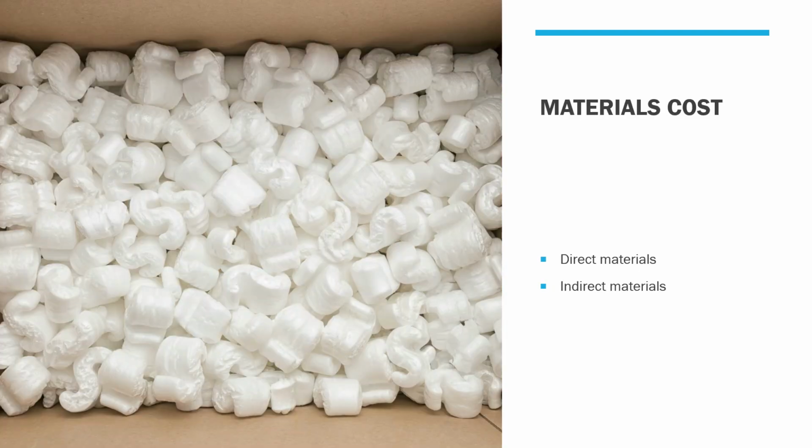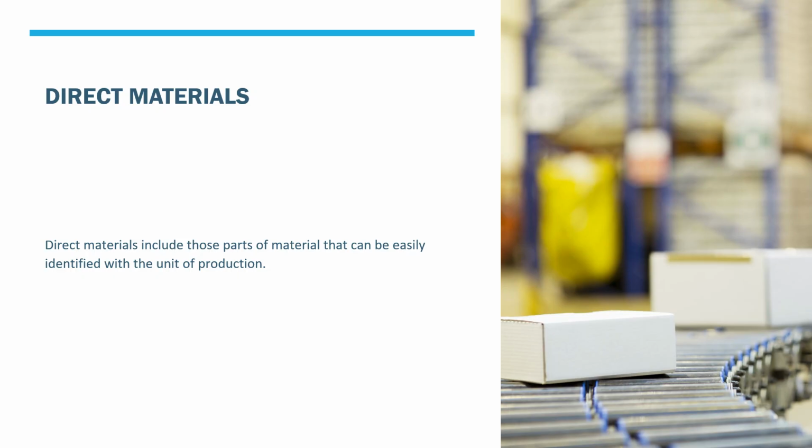We know that materials are an important component of a finished good, whether it is a car or a laptop or a television. Accountants classify all materials cost into two broad categories as direct materials and indirect materials. Direct materials include those parts of material that can be easily identified with the unit of production.